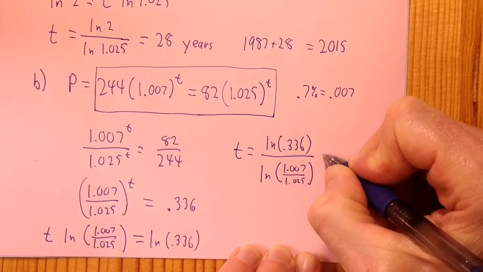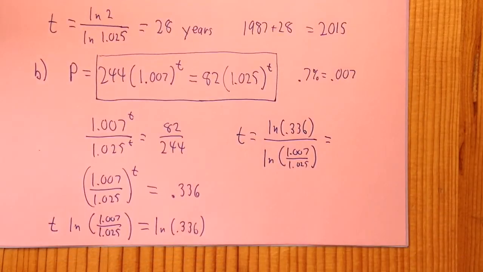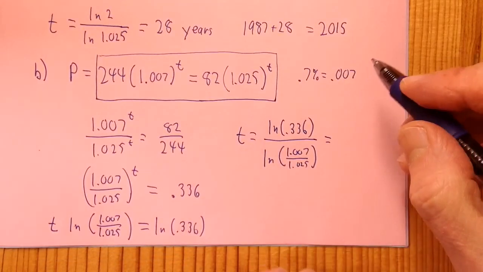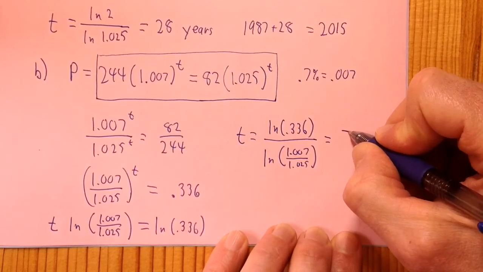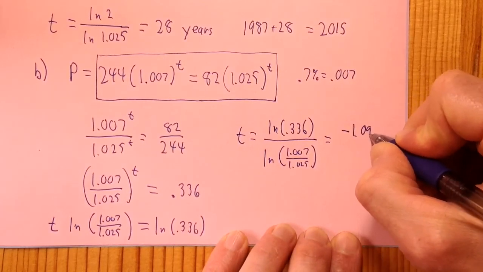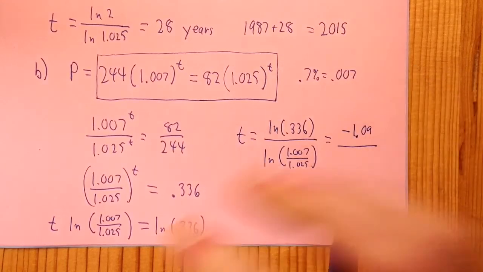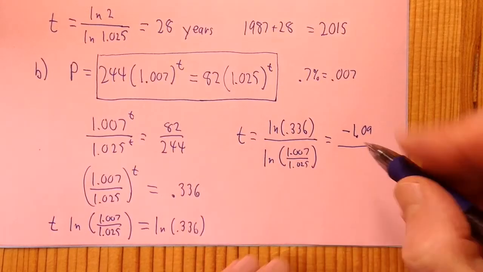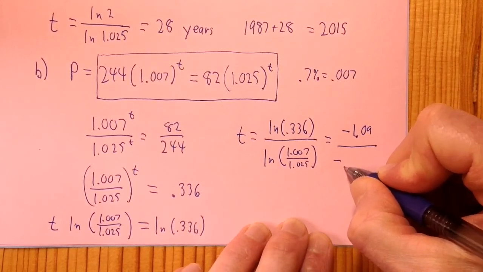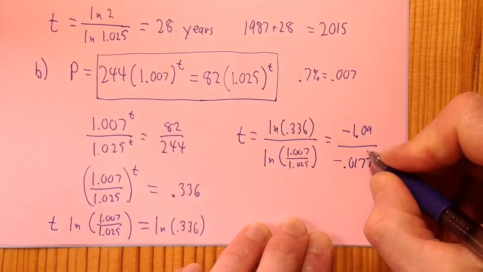Now it's a calculator problem, so let me do that. That's ln of 0.336, I get negative 1.09 on the top divided by, let's see, 1.007 divided by 1.025, ln of that, and I get negative 0.0177.